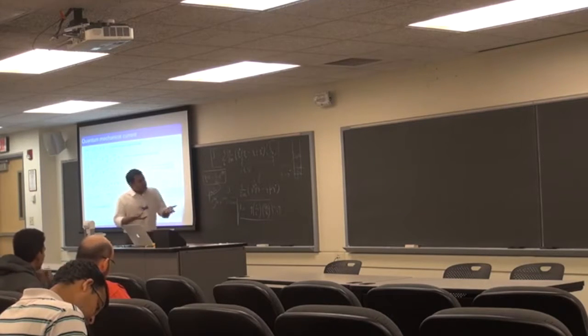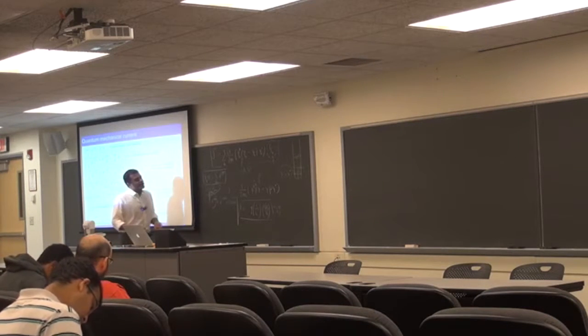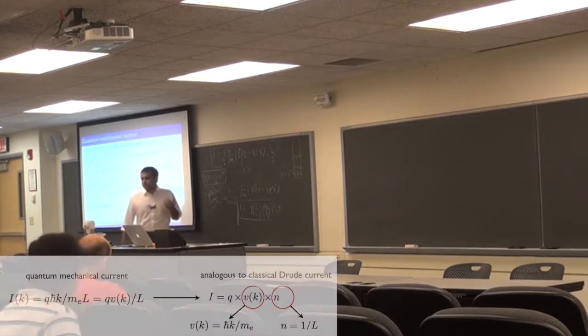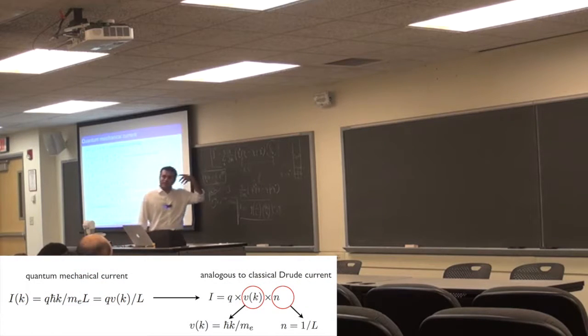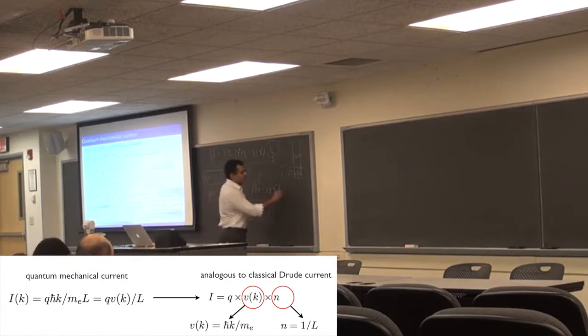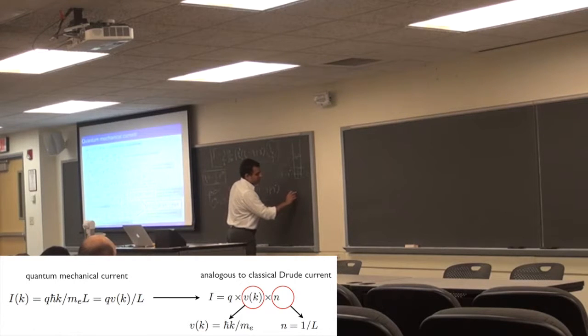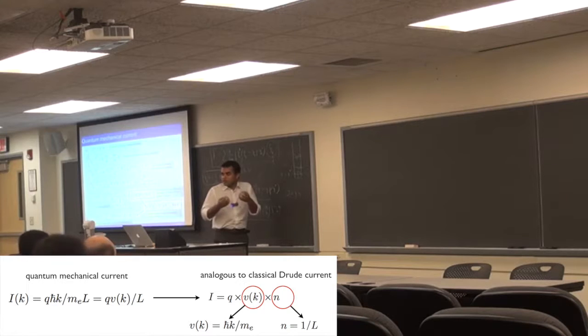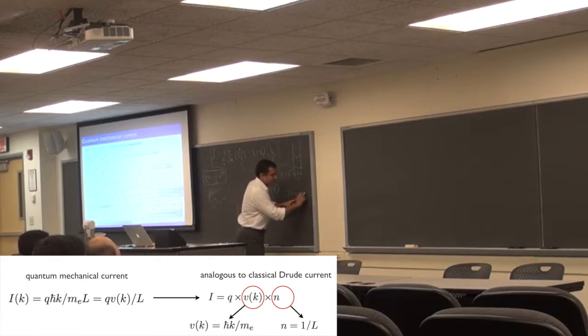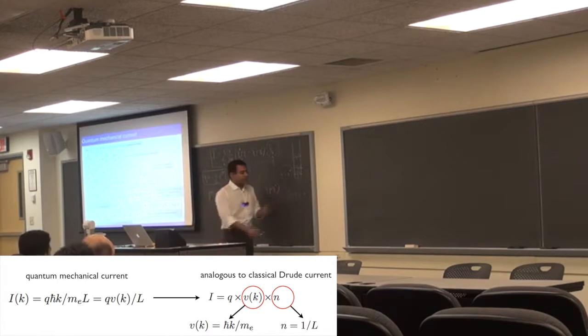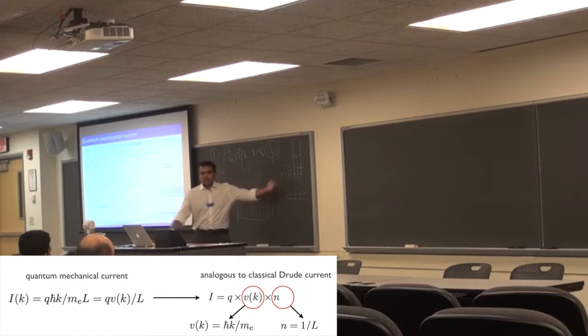And you also see something very interesting. It looks very much like the Drude form, the Drude form of the classical picture of transport. Current density is Q times the volume density of particles times the velocity, right? Q and V. This is a standard resistor theory: the charge times the carrier density times the velocity is current density.